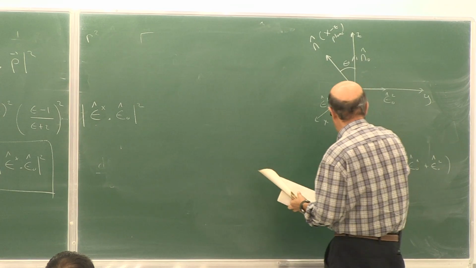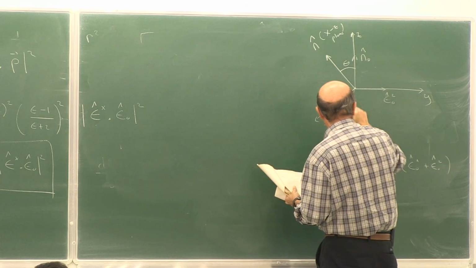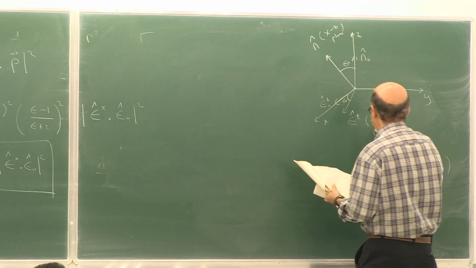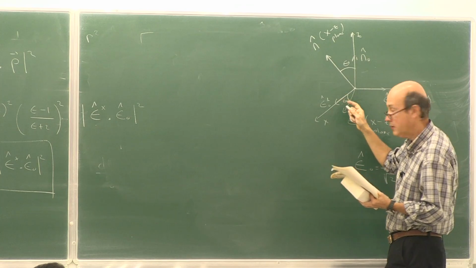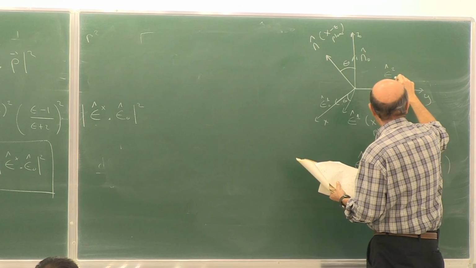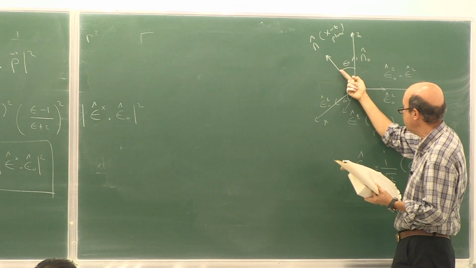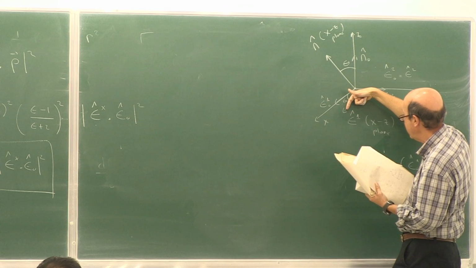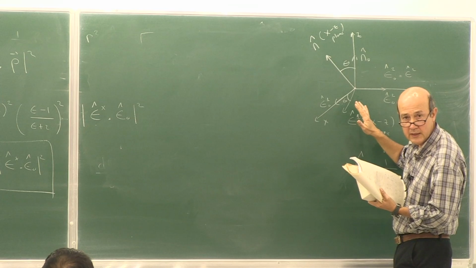So let us call this epsilon 1 prime, makes a theta, and again this is along xz plane. But perpendicular to this one doesn't affect it. So after the scattering, epsilon 2 prime is equal to epsilon 2. Because if you rotate this vector by amount theta along xz direction, what will happen? Epsilon 1 will shift it down by amount of theta, but the perpendicular component does not affect it, okay?